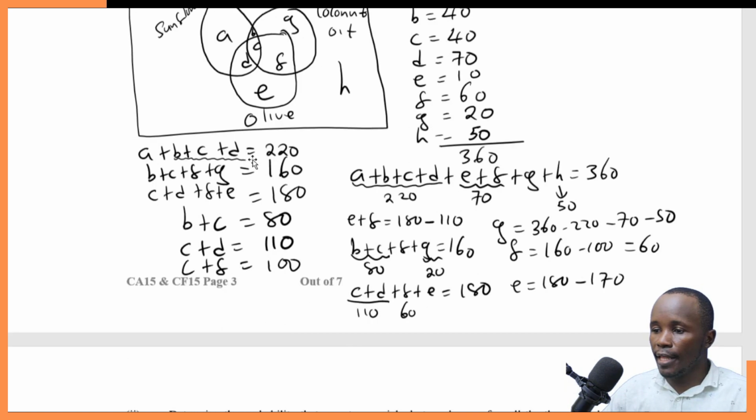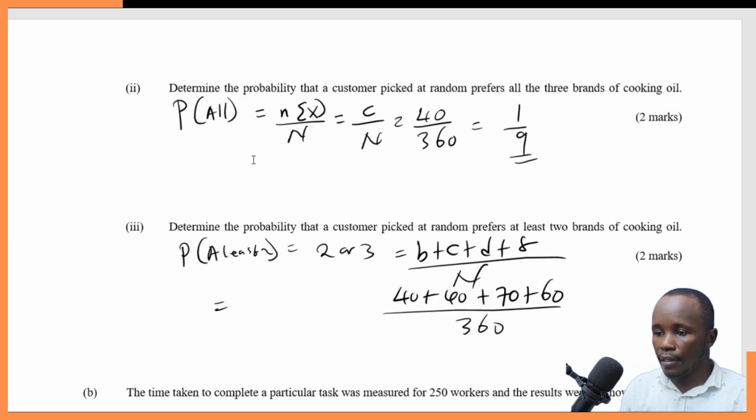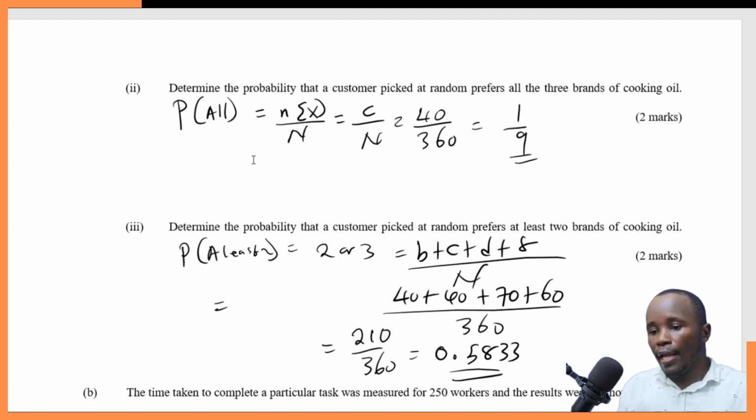So we are talking about 40 plus 40 plus 70 plus 60 divided by 360. So what is this? This is 210. 210 divided by 360 gives me 0.5833. Good. That's how you're supposed to solve that question on set theory.